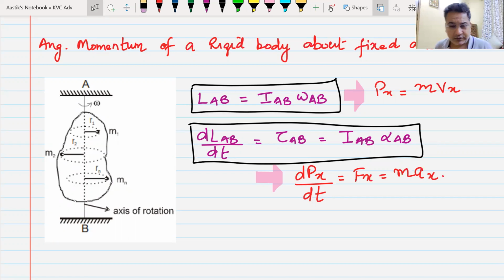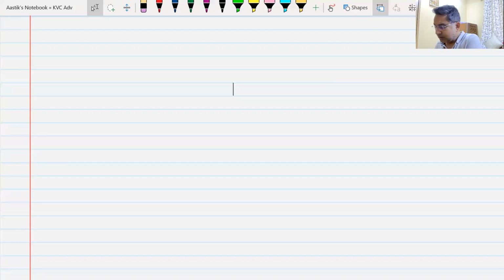We have seen what angular momentum is, and we have seen that the rate of change of angular momentum is the torque, yes or no? So we will start from that point, and we will start with this theorem, and we call it angular momentum.